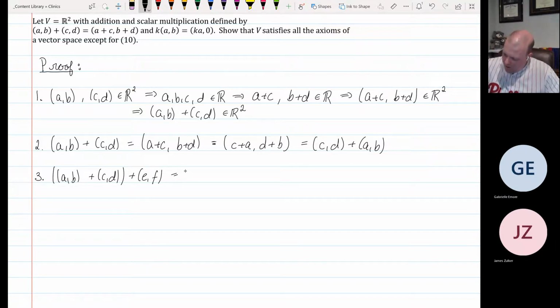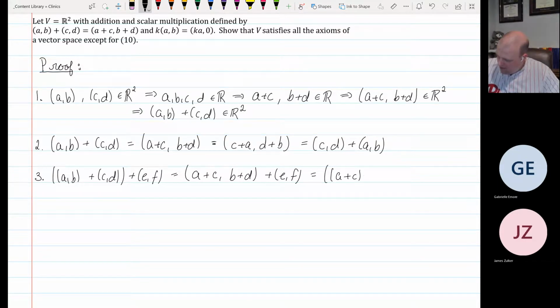So that first grouping winds up being (A plus C, B plus D) plus (E, F), which becomes this. But again, all of these elements are real numbers, and we know that addition of real numbers itself is associative.